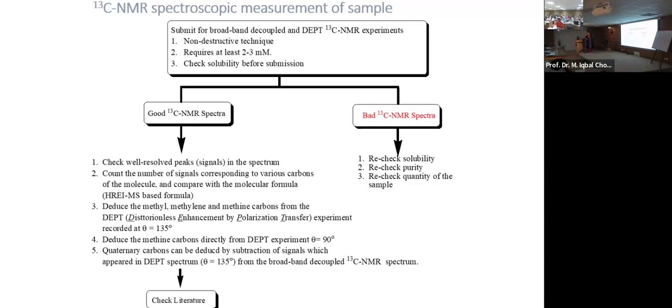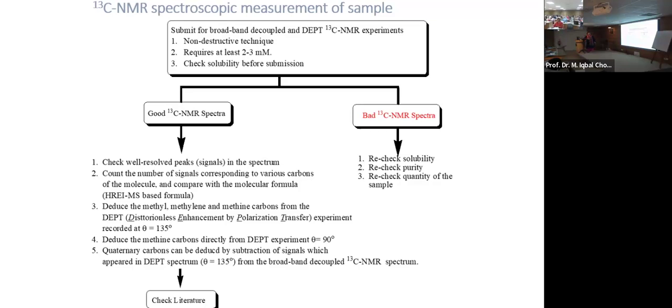The other technique that we were using was APT, which has different peaks. Now our life is much easier. In the DEPT spectrum, we know these are CH, these are CH2, and the remaining are the quaternary carbons. We compare, and we will discuss this when we discuss the interpretation. So life is much easier now.